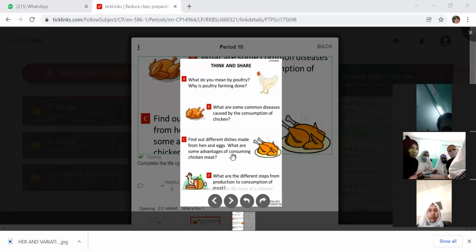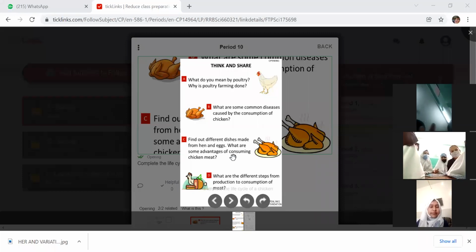Egg pakoda, yes, good. And what else? Chicken Manchurian. Yes, with the eggs. I'm asking what all the other dishes are that are made with egg that you enjoy? Yes.